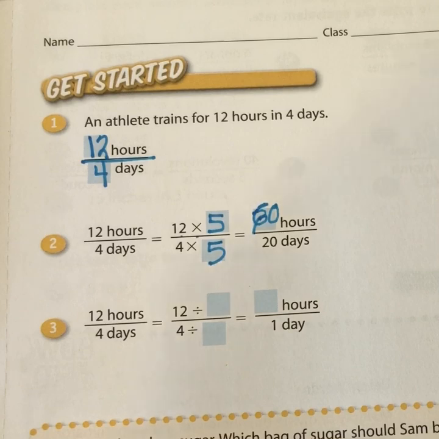Unit rates are rates with a denominator of 1. So 12 hours to 4 days, and I want to find out how many hours he trains in just 1 day.